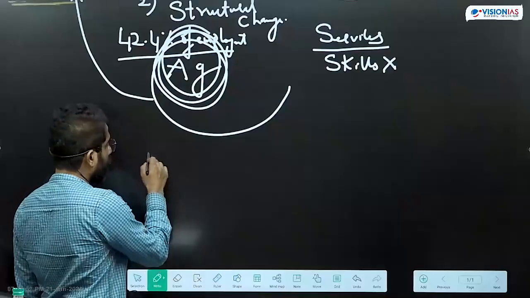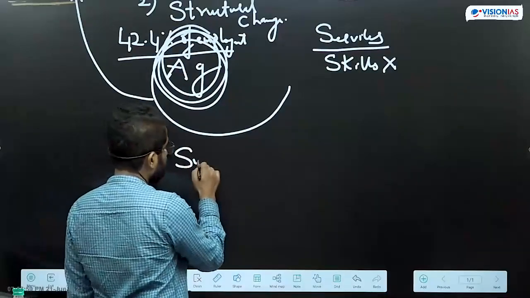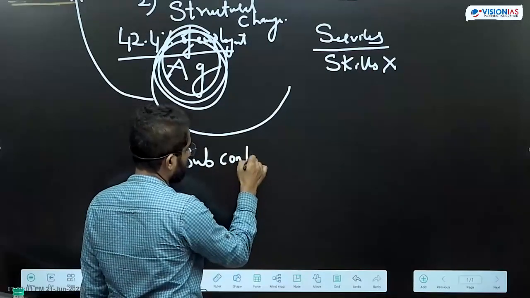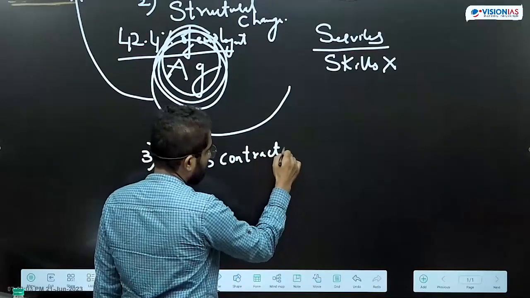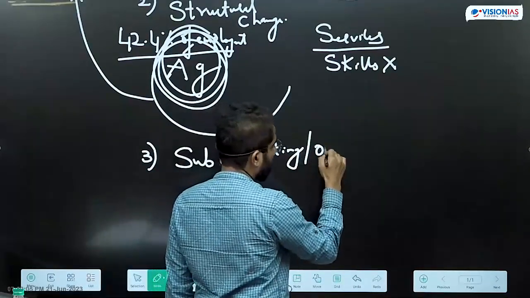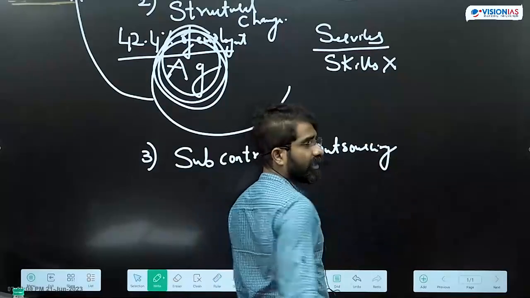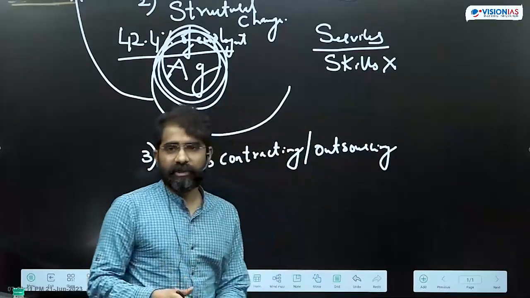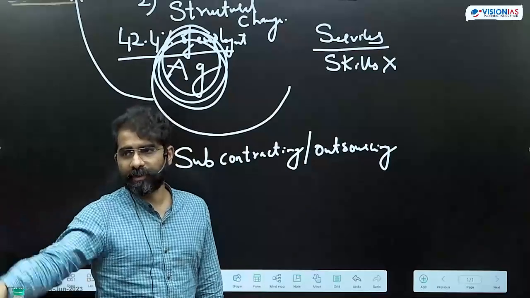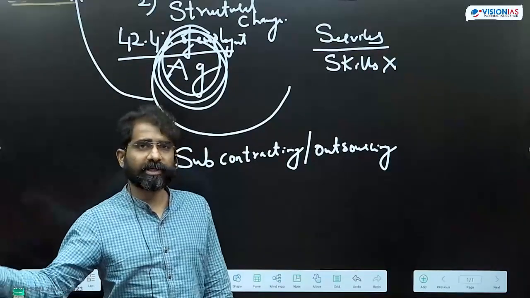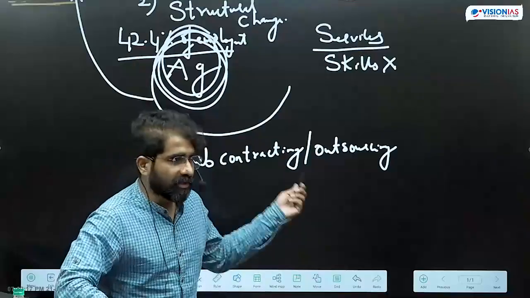Okay, and globalization has also increased subcontracting and outsourcing. Around a bigger company, that means you get a project, and you give these projects to smaller companies. These small companies will produce and give it back. That is what is called subcontracting.